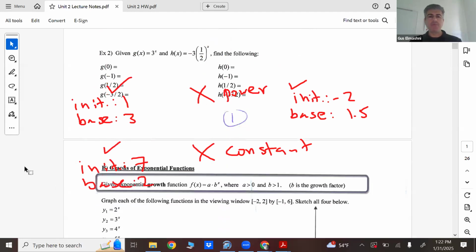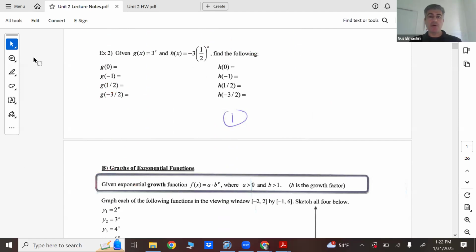For example 2. If I plug in 0, I should get 1. Then I should get 1/3. That's, of course, just root 3. Well, that's a fun one. 3 to the -3 halves. That's 1 over root 27, I think. H of 0 is -3.